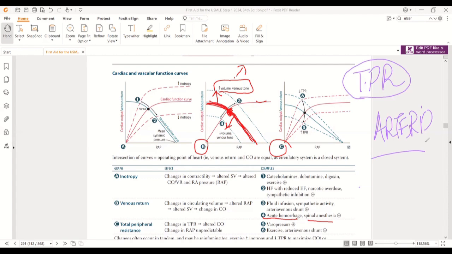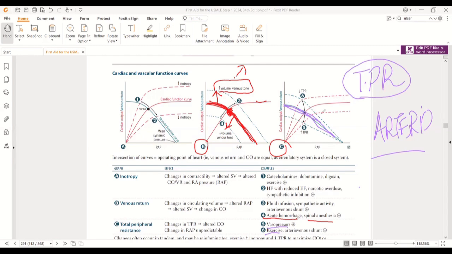If you give epinephrine or norepinephrine, it will lead to increased total peripheral resistance through the alpha receptors. And we already discussed that arteriolar vasodilation takes place in exercise. So in exercise, TPR will decrease. So this is the normal vascular function curve, right?